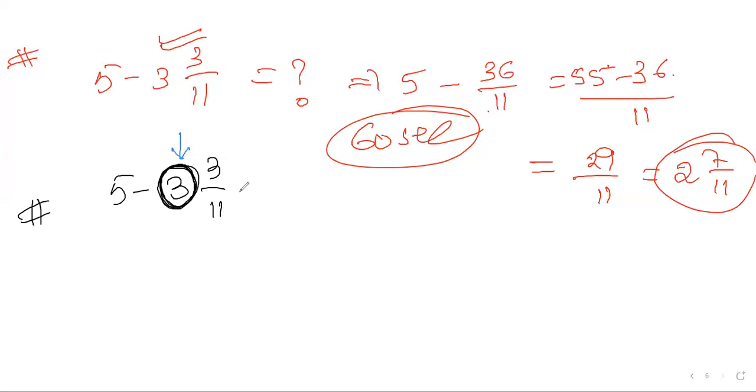So 3 plus 1 is 4. 5 minus 4 is 1. Then 11 minus 3, so the answer is 8 by 11. So whatever number you have, just increase it by 1. Now it will become 4. 5 minus 4 is 1, 11 minus 3 is 8, so 8 out of 11.